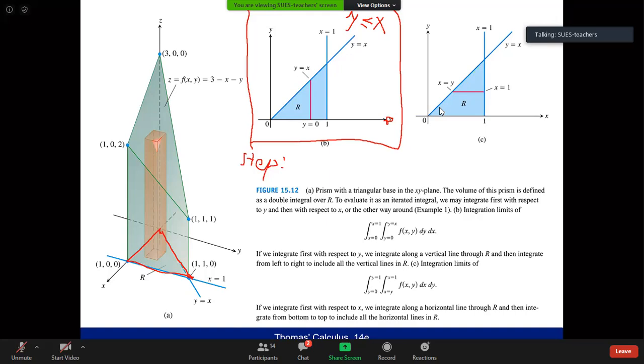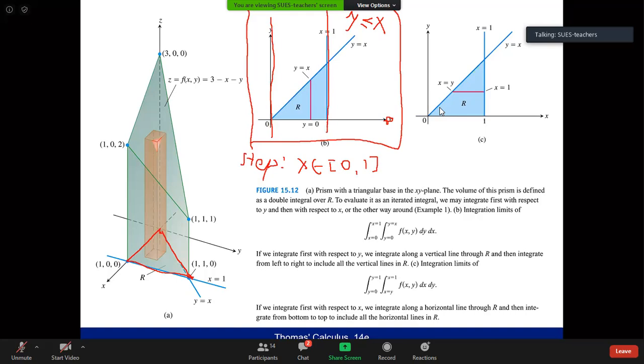The smallest range of x is from 0 to 1. So x belongs to 0 and 1. This is just for learning.